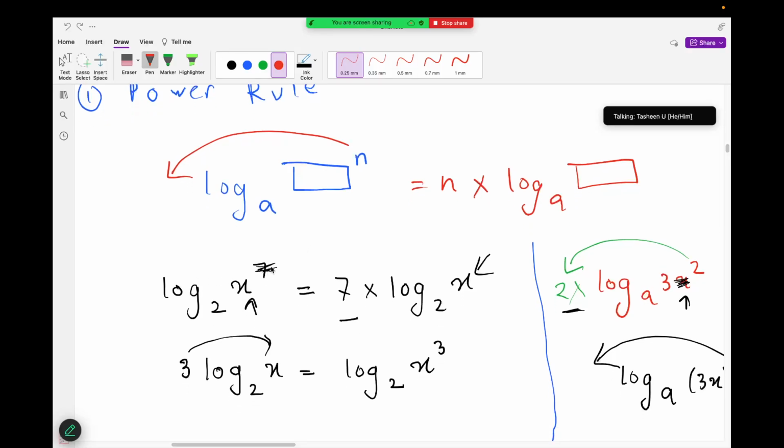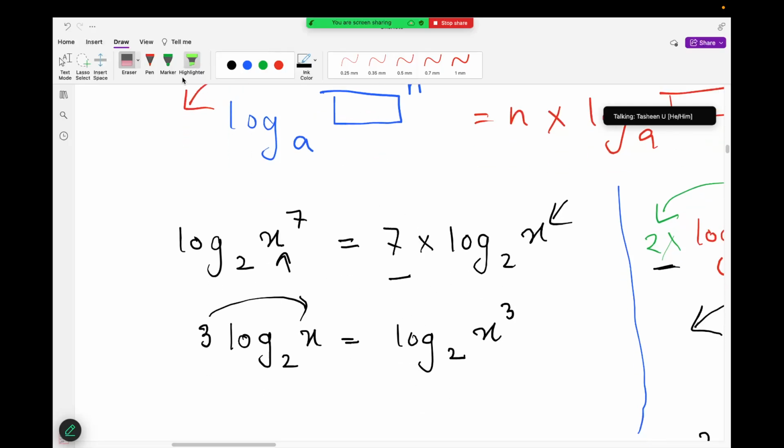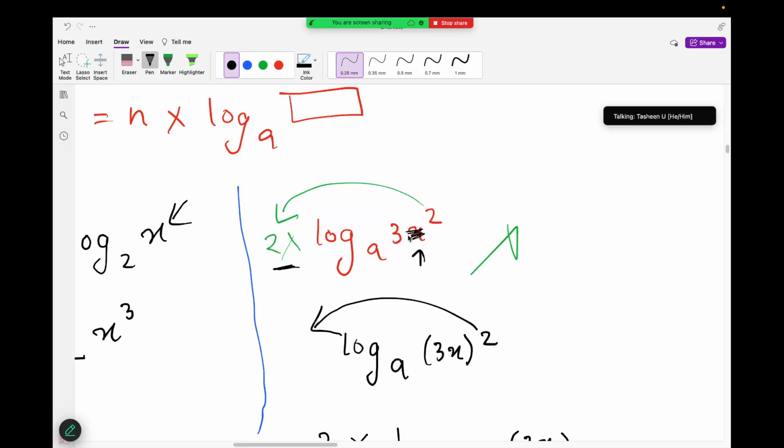So if you have log base 2 of x to the power 7, you can write it as 7 times log base 2 of x, and vice versa is also true. If it is in this form, you can also bring it to this form.